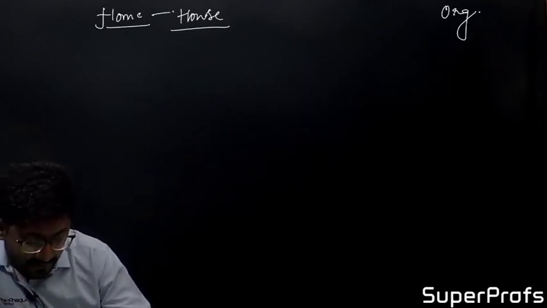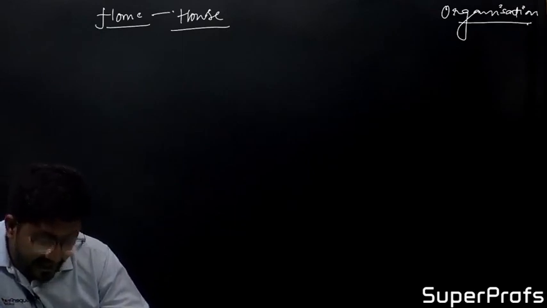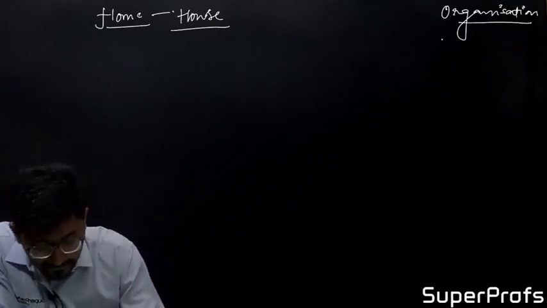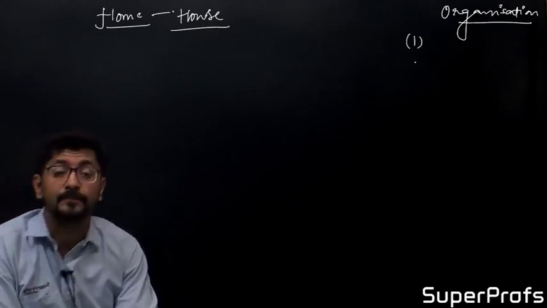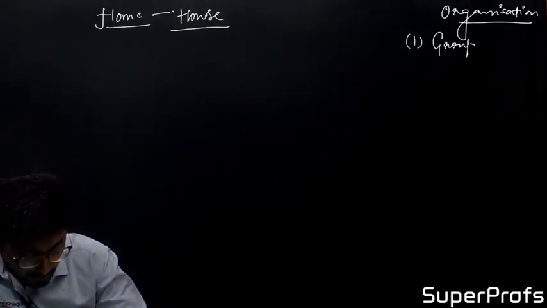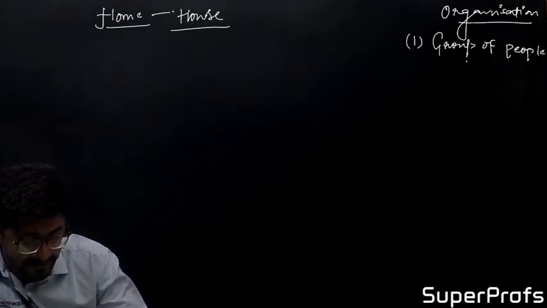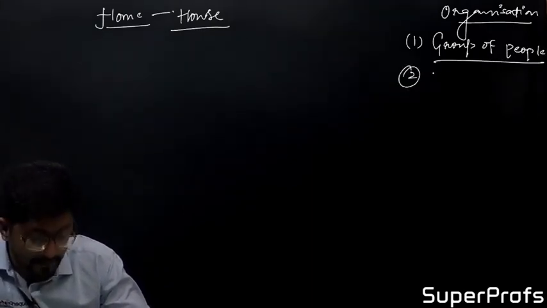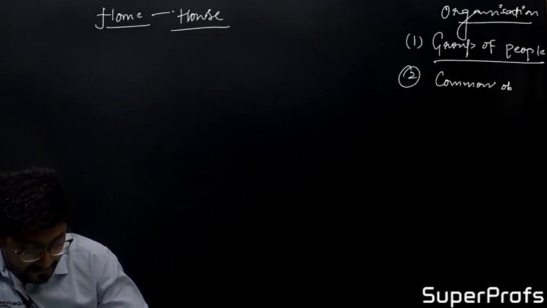Before understanding this concept, we have to look at all the elements which form an organization. The first element is the group of people. And the second element is common objectives.